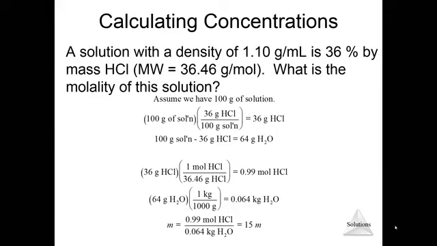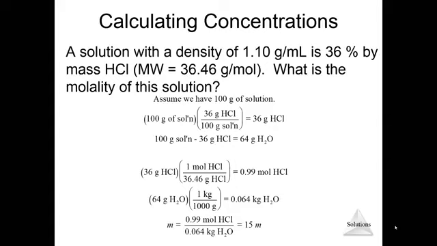And if we have 100 grams of solution and 36 grams of HCl, we can conclude that we have 64 grams of water. To calculate molality, we need moles of HCl divided by kilograms of solvent. The solvent in this case is water. It is safe to assume that water is the solvent unless the problem indicates otherwise.